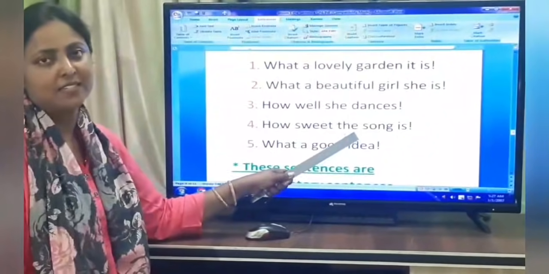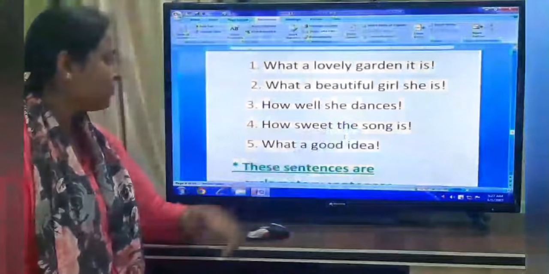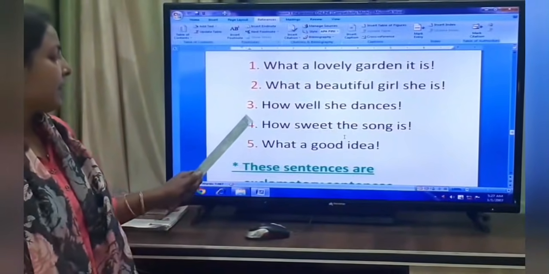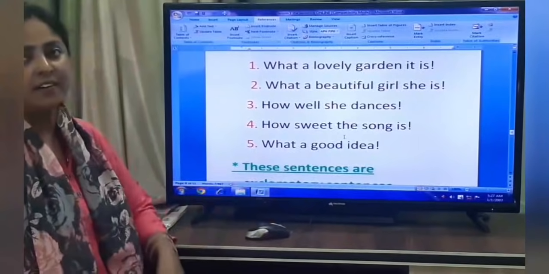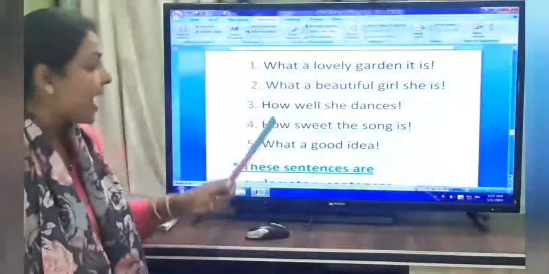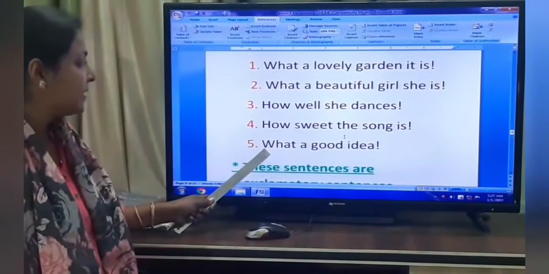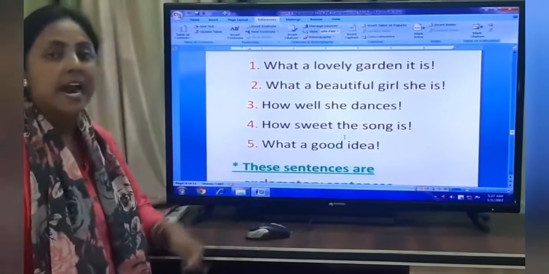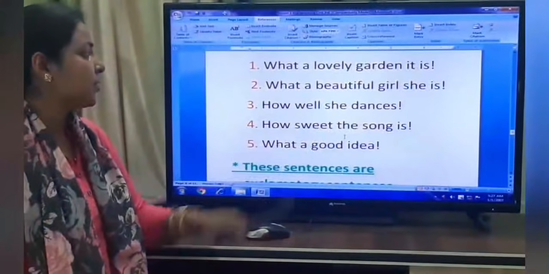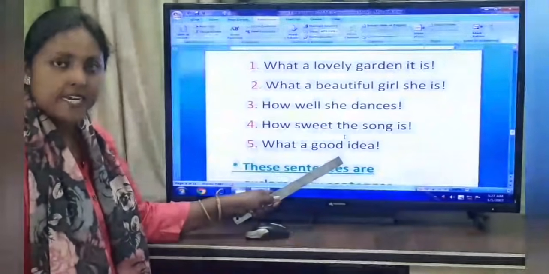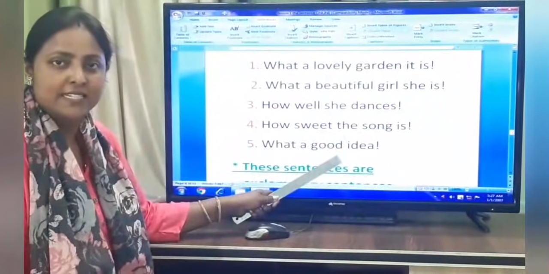Exclamatory sentence. Correct. The next example, what a good idea. It starts with the capital letter and ends with an exclamation mark. So this sentence is exclamatory sentence.